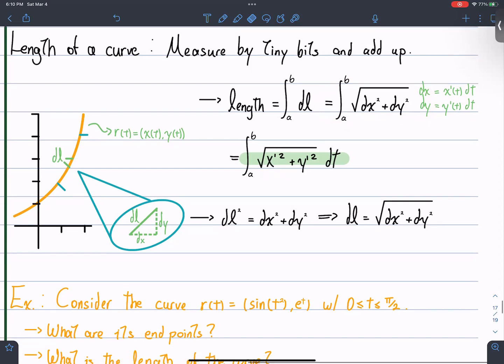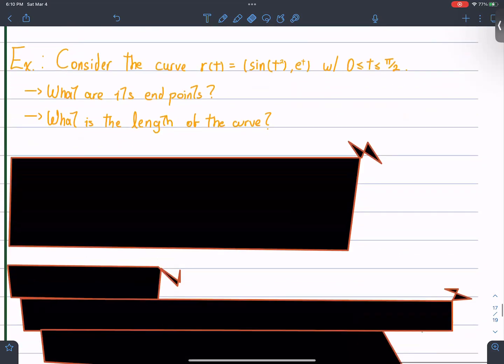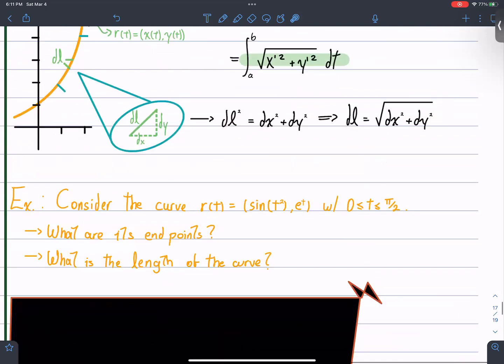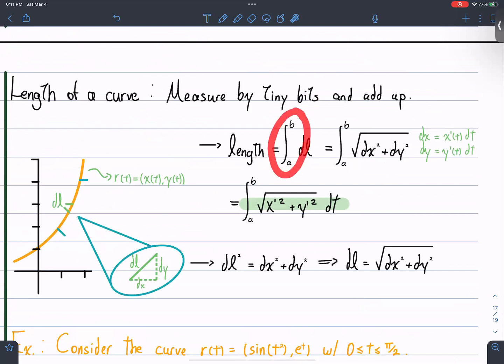Let us consider the example of the curve r of t equals sine t squared and e to the t. So the x coordinate is sine t squared and the y is e to the t. The parameter has bounds 0 to pi halves, so those will be the bounds that we have on the length integral.